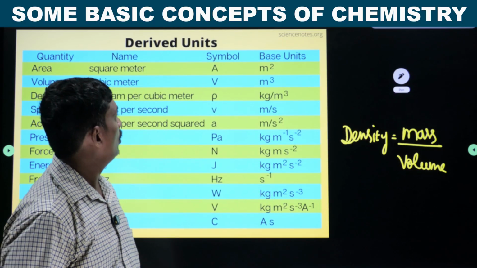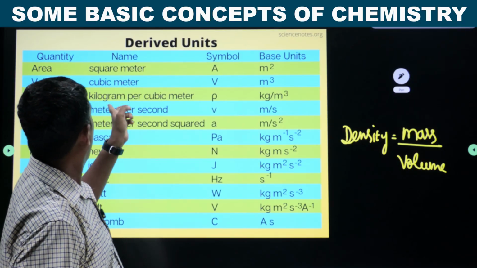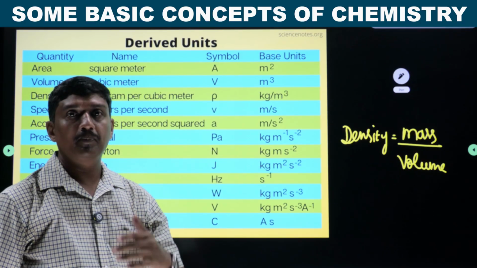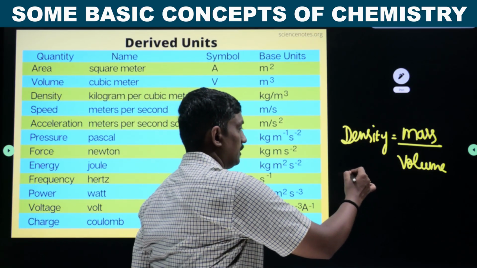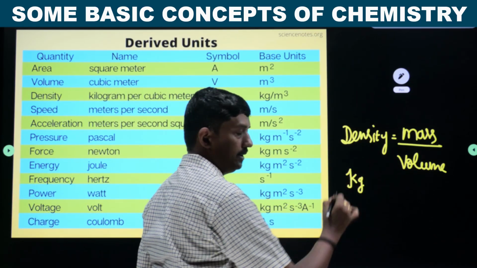Look here. How is mass represented? Mass is represented in terms of kg in the SI system.